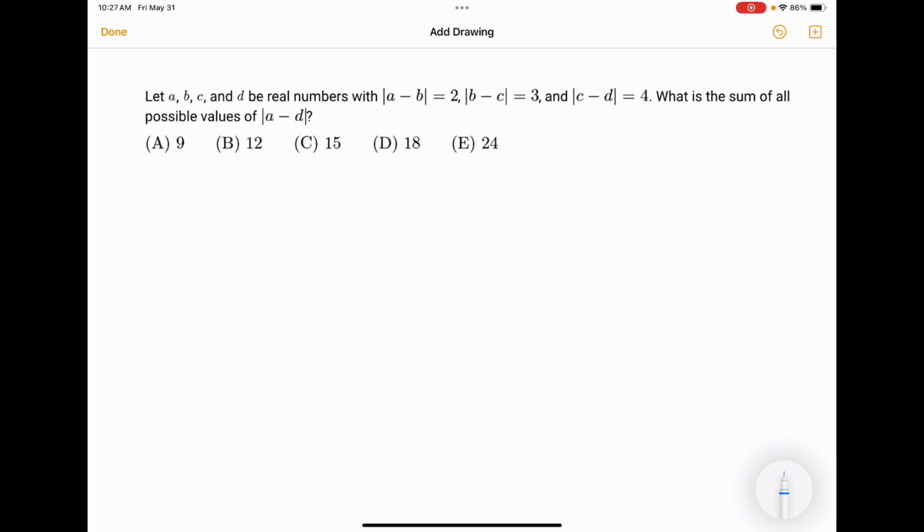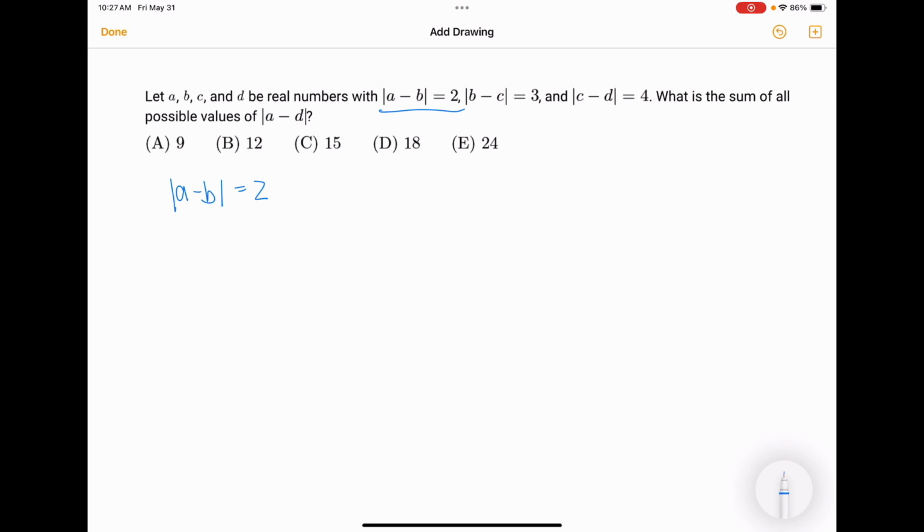But basically, we're just going to start off with this. The absolute value of a minus b tells us that that is 2. And so we can't really work with it containing the absolute value, so we want to get rid of it. That means we would like to know what this could simplify to.